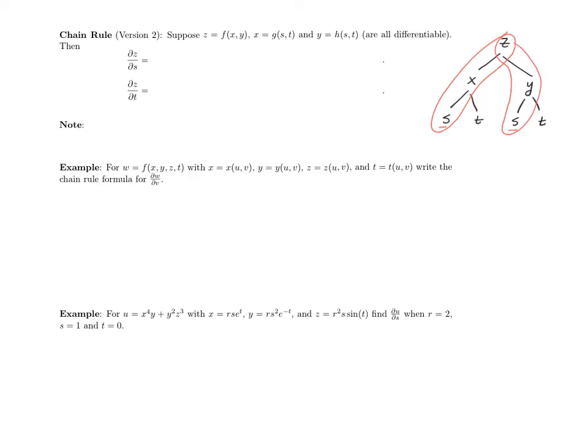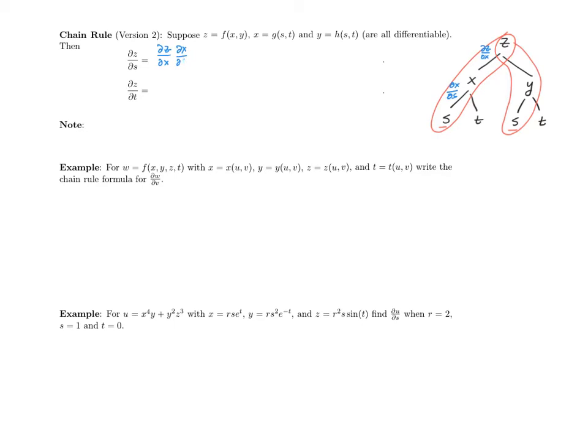And each of these limbs, in a sense, will correspond to a partial derivative. So dz ds is going to be dz dx, dx ds, and these are partials. And that's going to correspond to going down the first branch, dz dx, multiplied by dx ds.